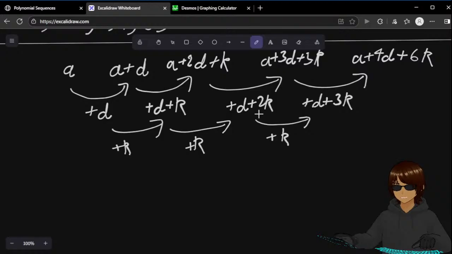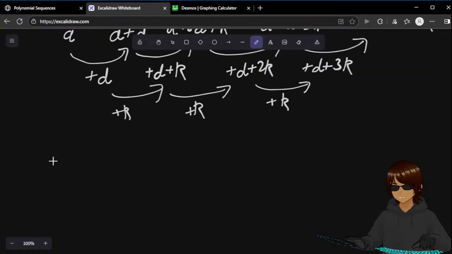D plus k and then d plus 2k is 2d plus 3k. So n is equal to 2.